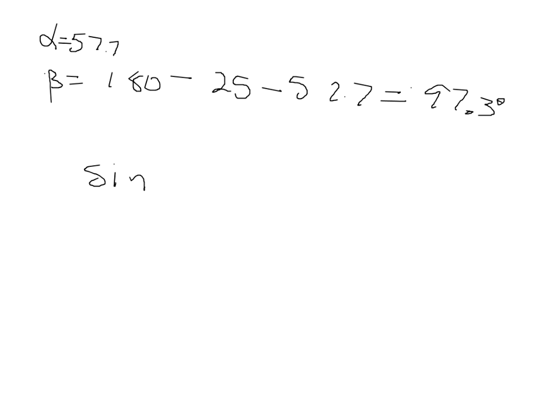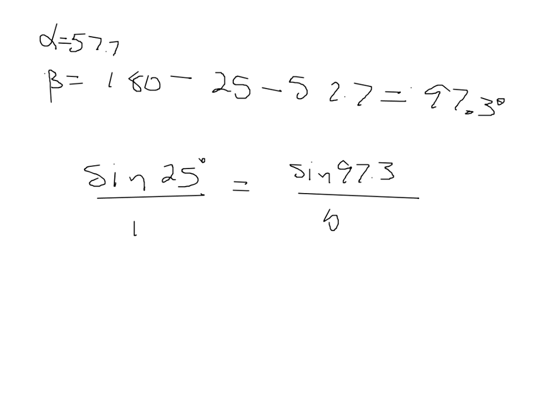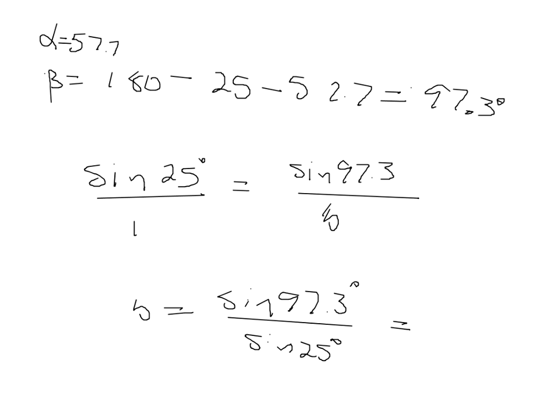So using that information, I get that sine of 25 over 1 is equal to sine of 97.3 over B. Solve for B. So I get sine of 97.3 divided by sine of 25, which comes out to be 2.35. All right.